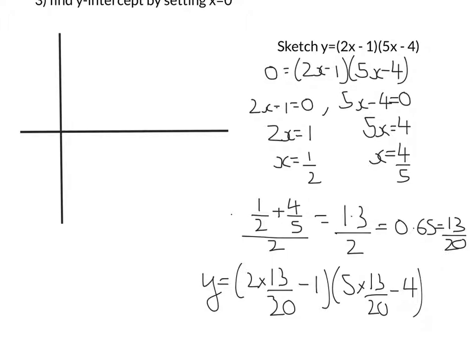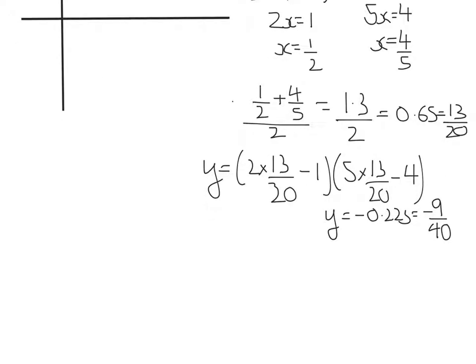And if you do that, you get y equals negative 0.225 or negative 9/40. So there we go. We have got our turning point. Therefore, our turning point, which is halfway between our x-intercepts, is 13/20 and negative 9/40.